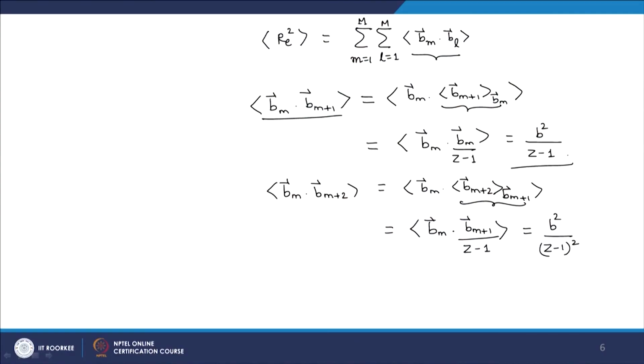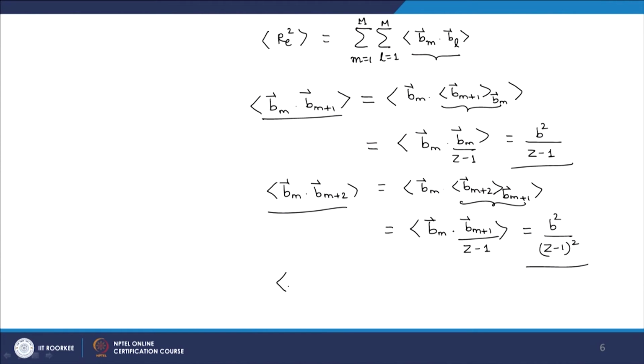So, between adjacent segments it is B square by Z minus 1, and for segments which are at a distance 2 apart, it is B square by Z minus 1 whole square. So, in general we can write something like Bm dot Bm plus q will be B square by Z minus 1 to the power q. Okay. Now, let us see how it changes our results.